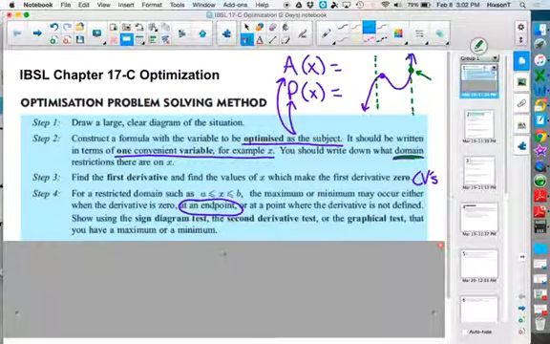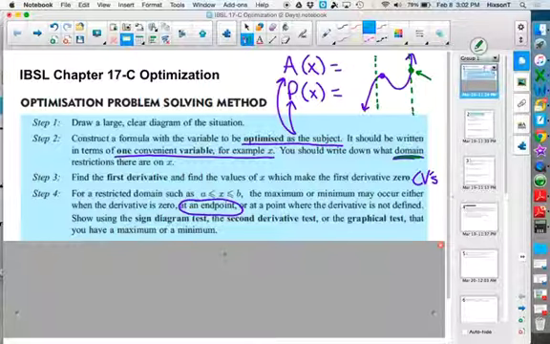So what you would do then is test 120 and 121 along with the endpoints of your range, and you could then get a max from that. Okay, if you were trying to get the maximum production or minimize costs, you'd get the integer closest. So you need to identify right here when you're doing your domain whether or not your answers have to be integers or if they can be fractions as well.